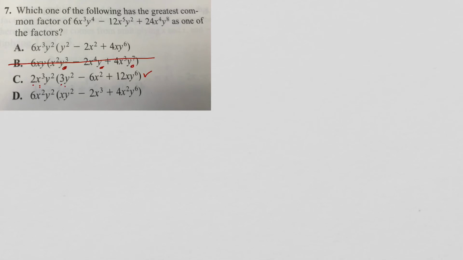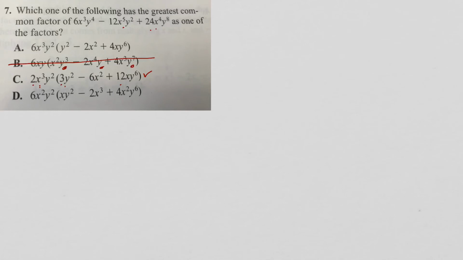When we multiply by the second one, 2 times negative 6 is negative 12. X to the fifth works. y to the second works. When we multiply by the third one, 2 times 12 is 24. Y to the third times, x to the third times x is x to the fourth. Y to the second times y to the sixth is y to the eighth. So that one looks like it's going to work.